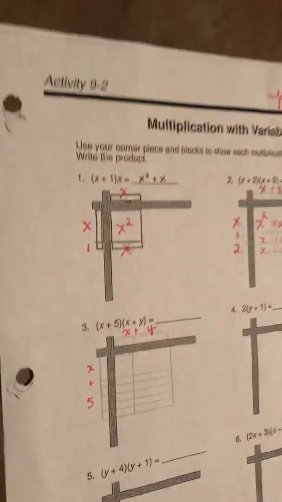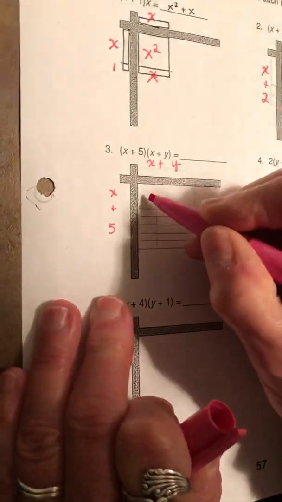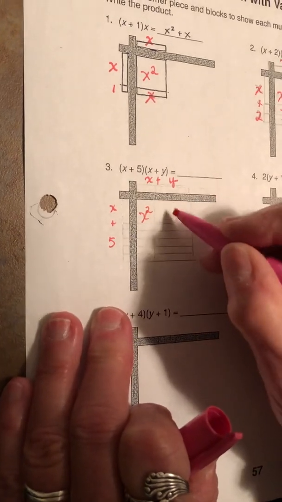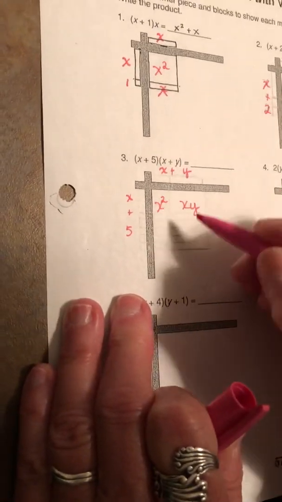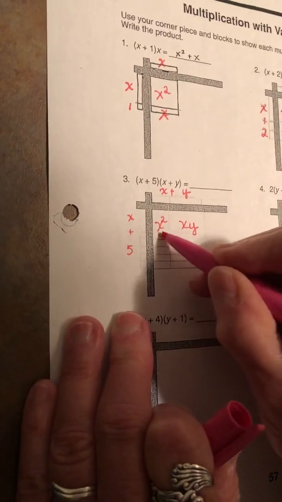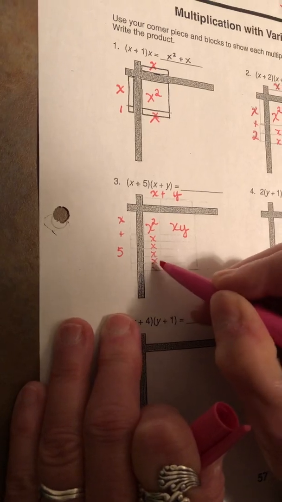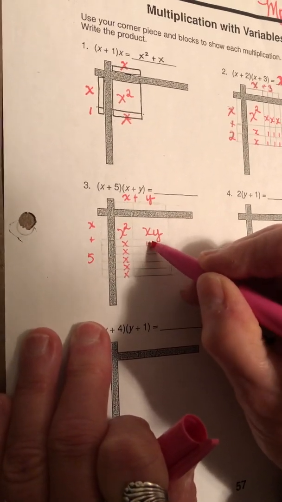All right, let's label what we have in here. We have an x squared. We have an xy here. And these are all x's. Let's draw baby little x's. And these are all y's.